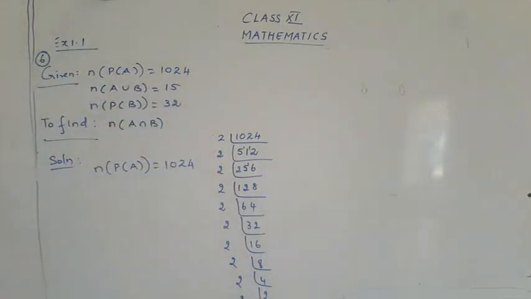If you know it, doing it directly will be easy. Just count: 2, 4, 6, 8, 10. The total number of 2's is 10.